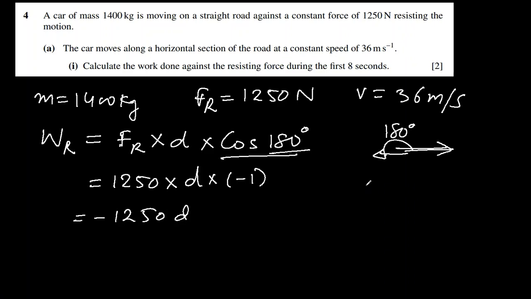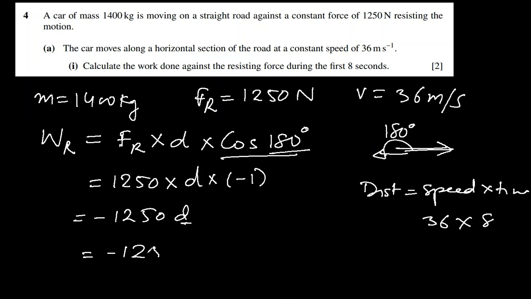Let's find the distance. Because the car is moving with constant speed, the acceleration is 0, so we can use the simple formula we have been learning since our childhood: distance is speed times time. Speed is 36 meters per second, time is 8 seconds, so d becomes 36 times 8.